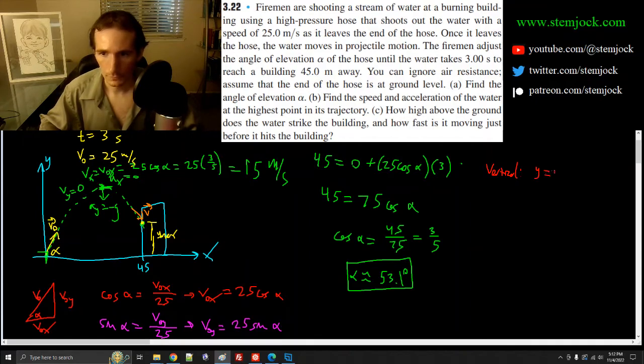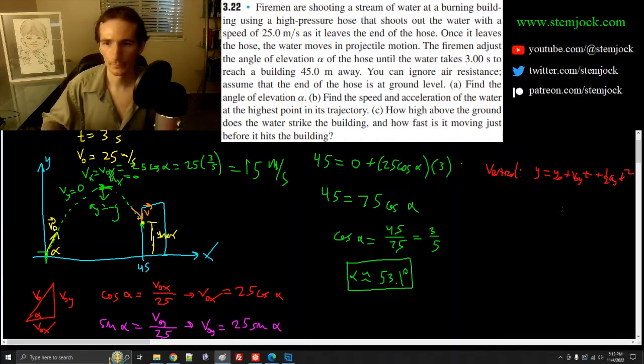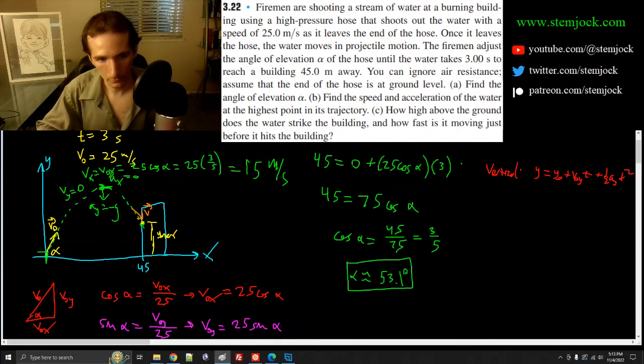So vertical, y equals y0 plus v0y t plus 1/2 ay t squared. So y, the final y position, is y max. Y0, that's going to be the starting height, which is 0.